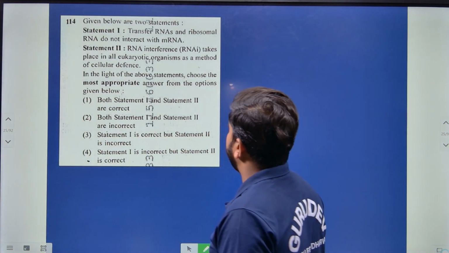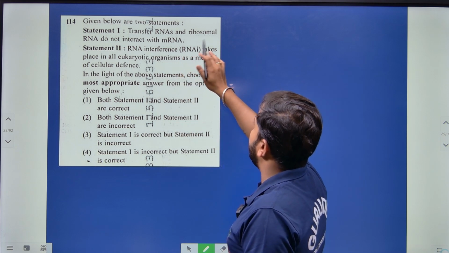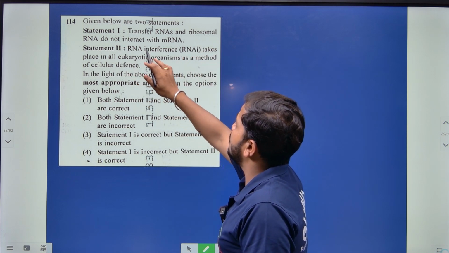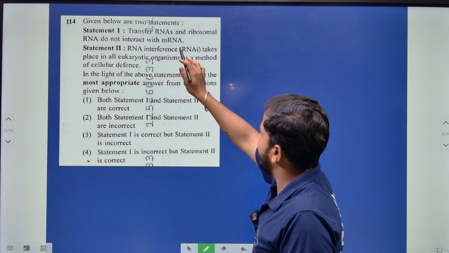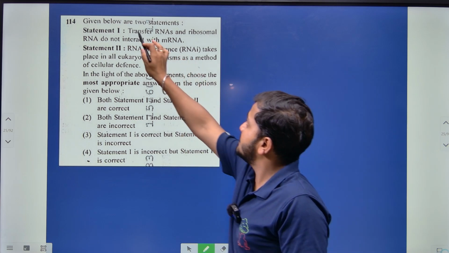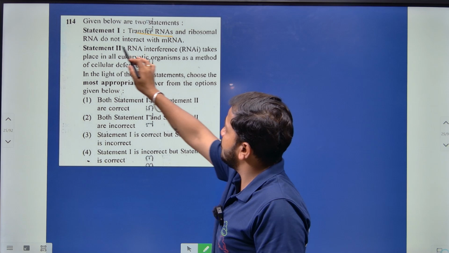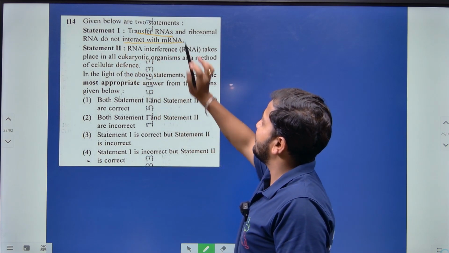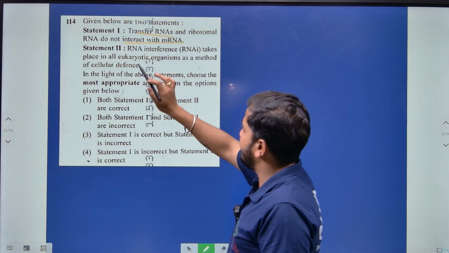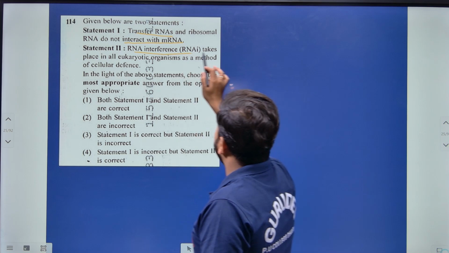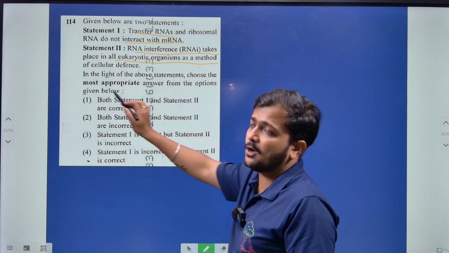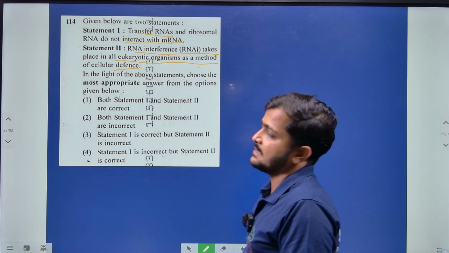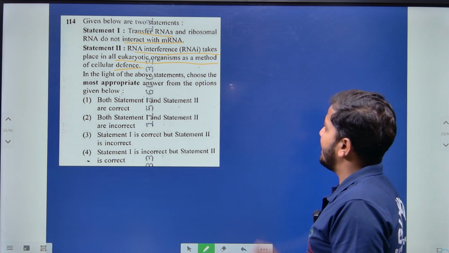Then next is the statement based question. Transfer RNAs and ribosomal RNA do not interact with mRNA, they are saying. Statement 2 is saying RNA interference takes place in all eukaryotic organisms as a method of cellular defense.